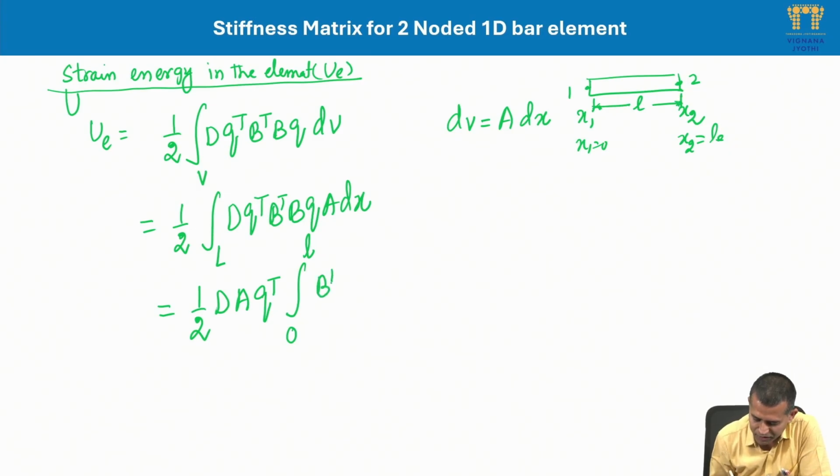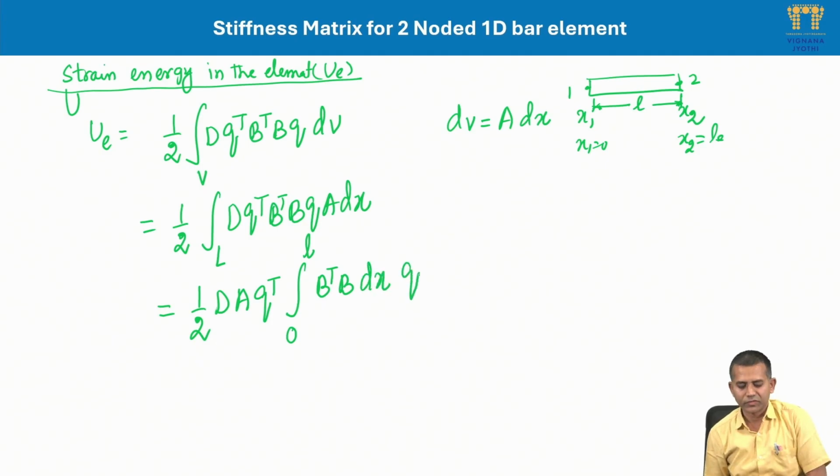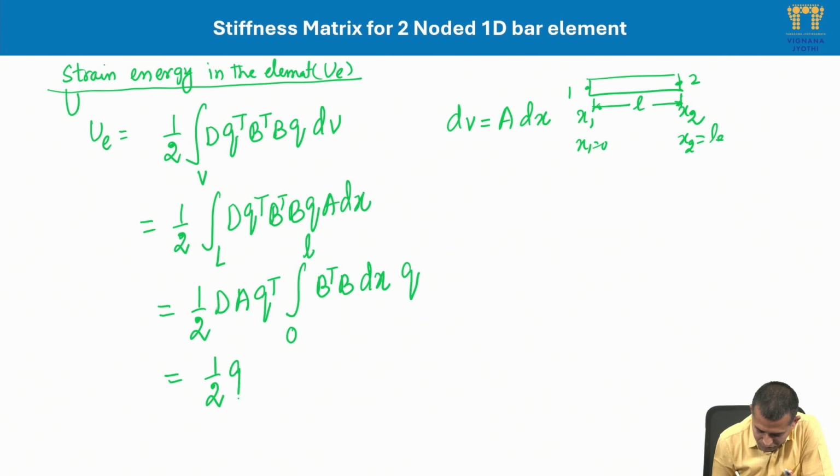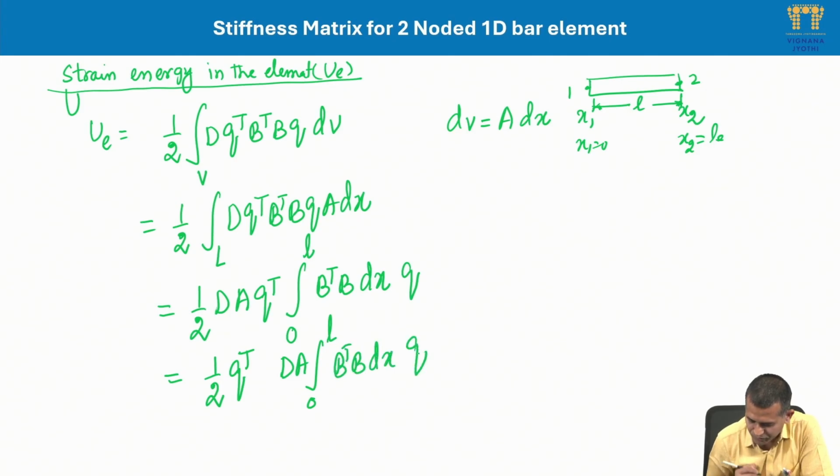And I have an expression B transpose into B into dx into q. So if I rearrange these terms in a proper way, I can write this as q transpose into D into A, integral 0 to L of B transpose into B dx, into q.